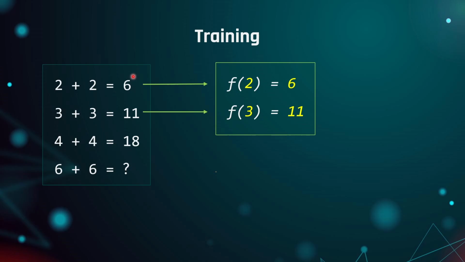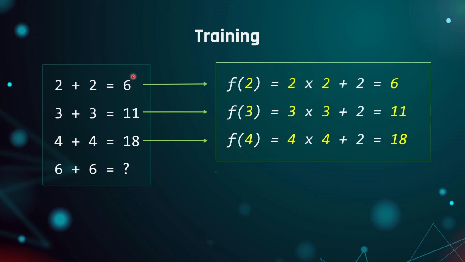And the third statement takes as input 4 and produces what? 18. So where is this pattern? We can elaborate the functions like this. If this is a function that takes as input 2, then we multiply the input value by itself, then we add what?